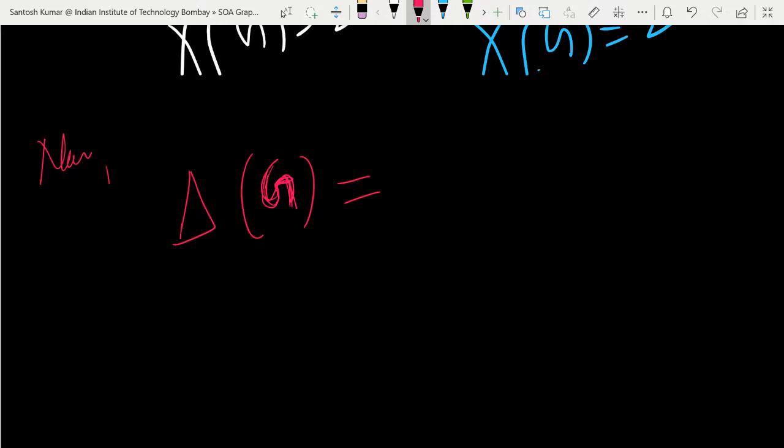No one knows? Yes or no? Have you seen it or not? Actually, I'm teaching in between, so I'm also not aware whether you have gone through these notations or not. So I have to ask you so that I will be aware.